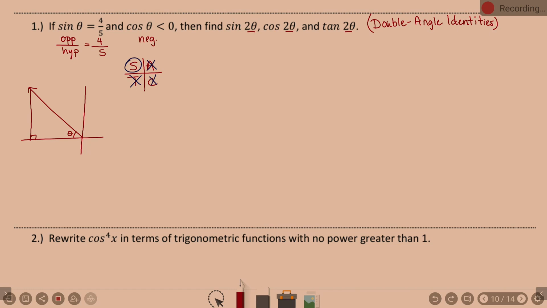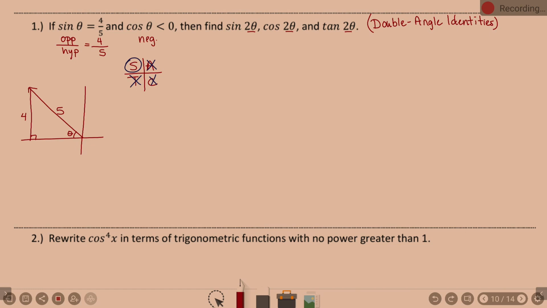The right angle is over here. Opposite over hypotenuse. So where's my opposite? Opposite is going to be my y value, my 4. It's going to be going up. Where's my 5? On my hypotenuse.